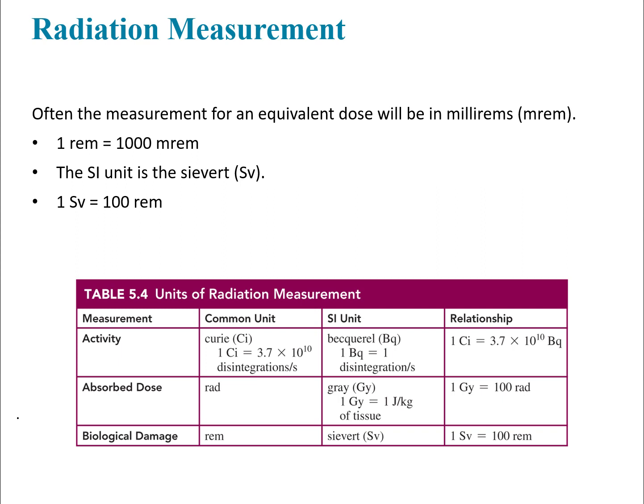The SI unit for radiation measurement is the sievert. Oftentimes, though, you'll see rems or millirems. What you see here are equalities.